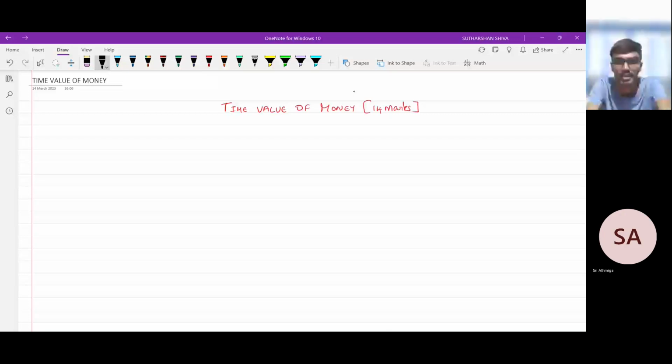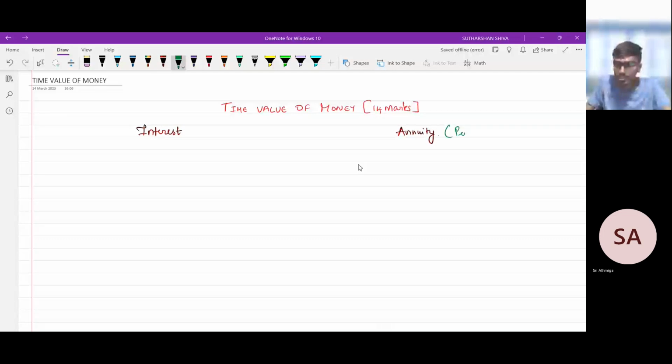So the time value of money chapter has been built upon this. This chapter is divided into two main parts. One is regarding interest and another one is regarding annuity. Annuity is also known as perpetuity.